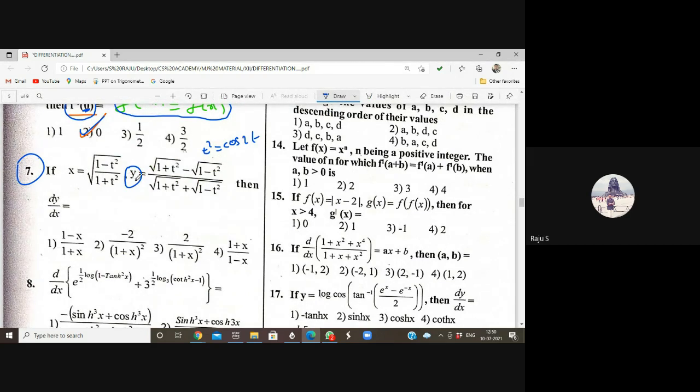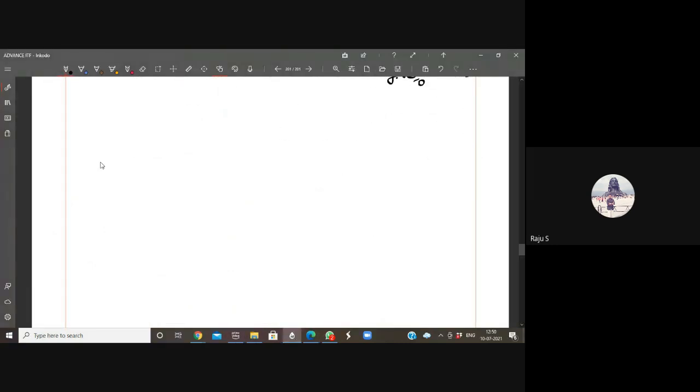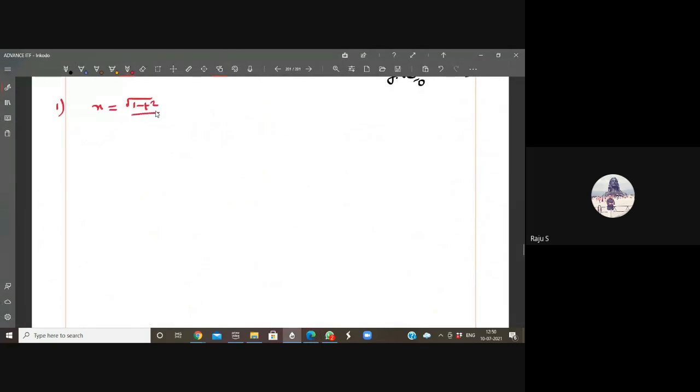So why don't you find the relation between x and y? Chances are there. See here, here componendo and dividendo can be applied, so I'll tell you, very easy. What is the x value they have given? Can you tell me that? x is equal to root over 1 minus t square by root over 1 plus t square.